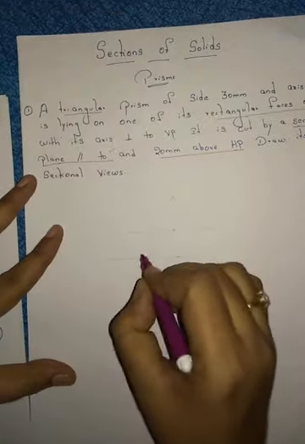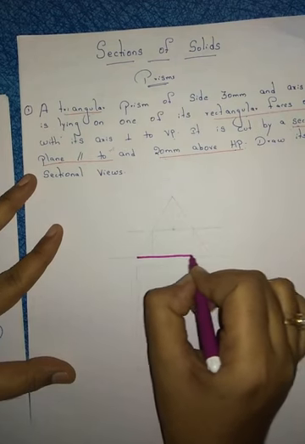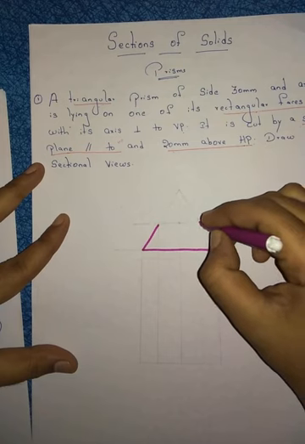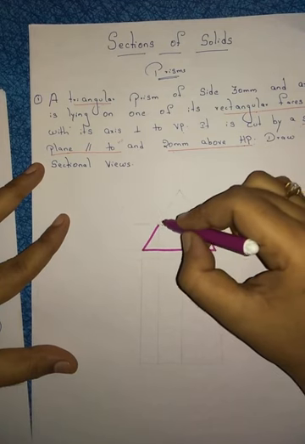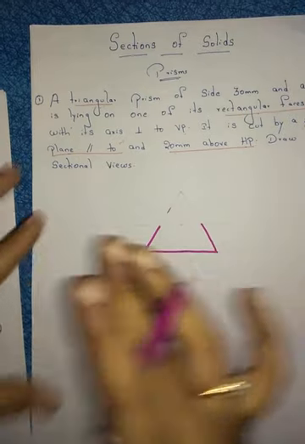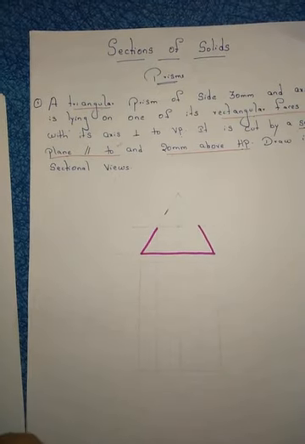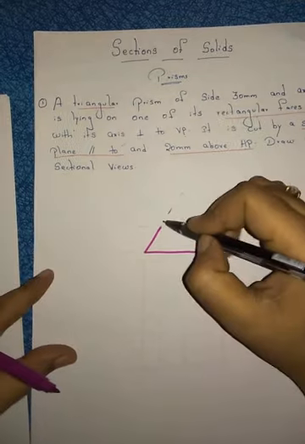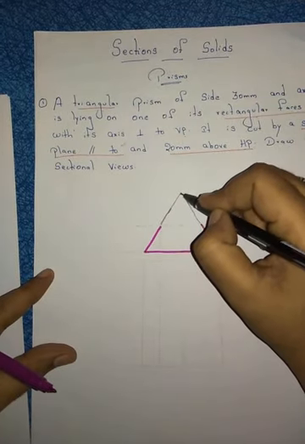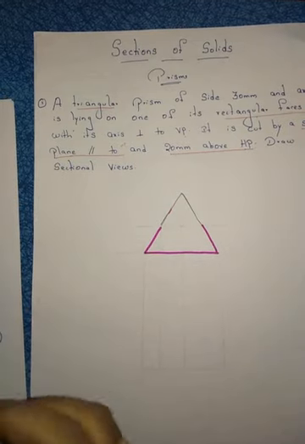So I am constructing the triangle. I am constructing the total triangle here. Just I want to show you like this. Why I am showing like this, I will tell.